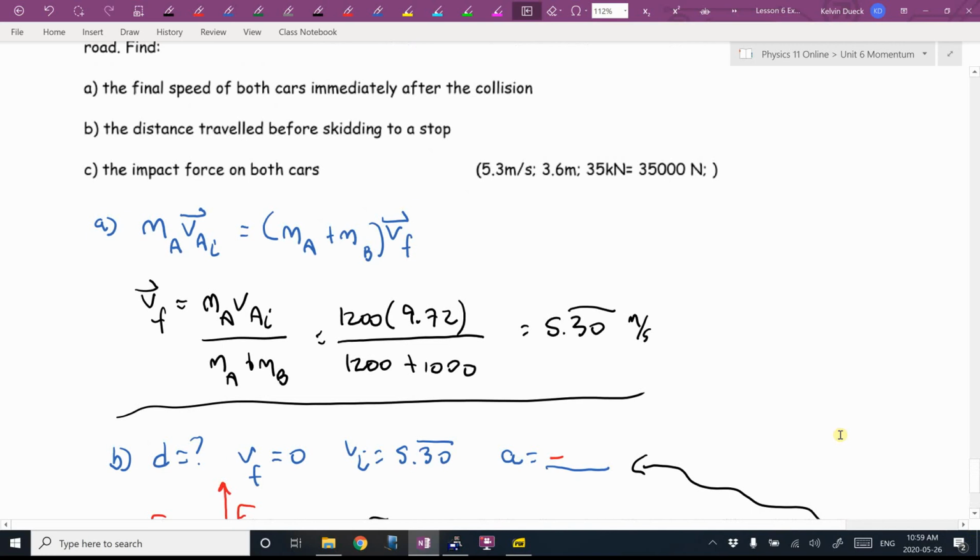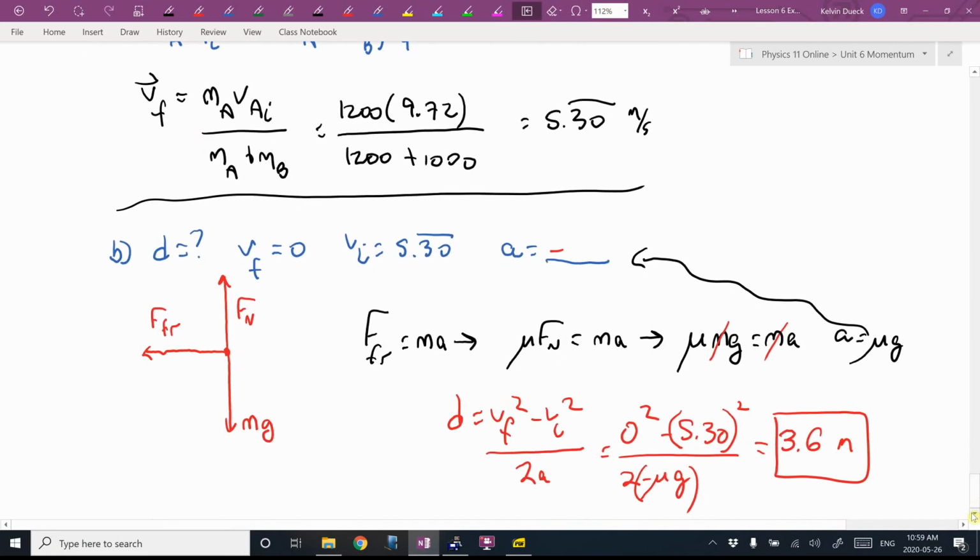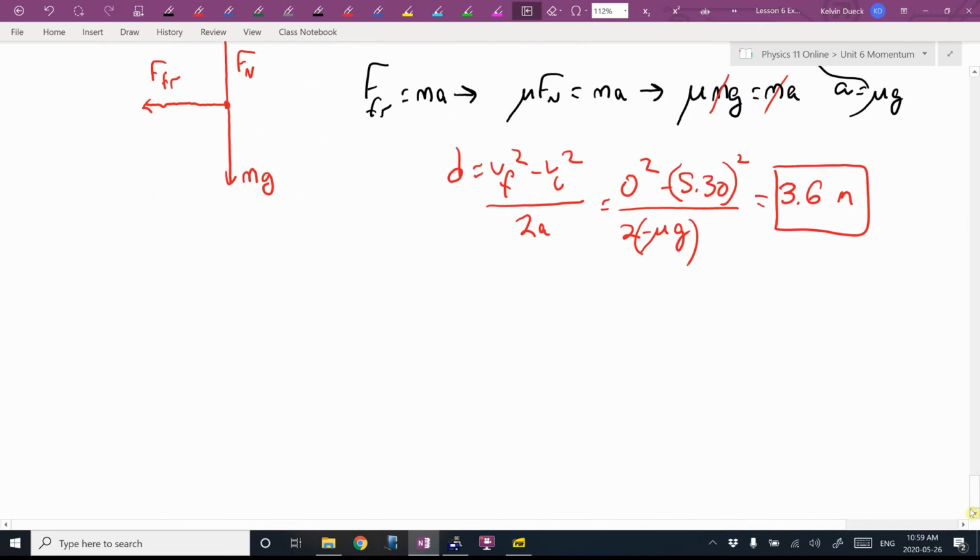Oh, there's a part C, impact force. Oh, that's easier. Impact force. I think I'm going to use impulse. Okay.